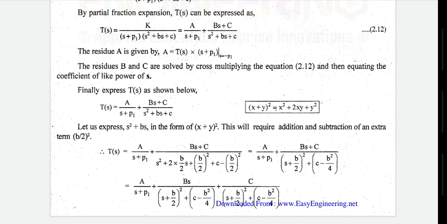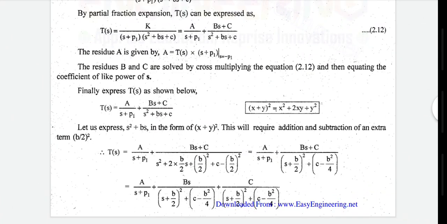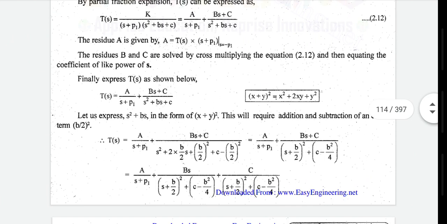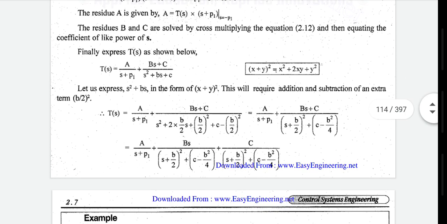చూడండి అన్న, ఇక్కడ డినామినేటర్లో ఉండేదాన్ని మనం ఏం చేస్తున్నాము అంటే, you are writing the denominator in the form of x plus y whole square, and now with that, whatever the required addition and subtraction of an extra term, b by 2 whole square. So x plus y whole square formula రాస్తున్నామండి, ఏది s square plus bs plus c.